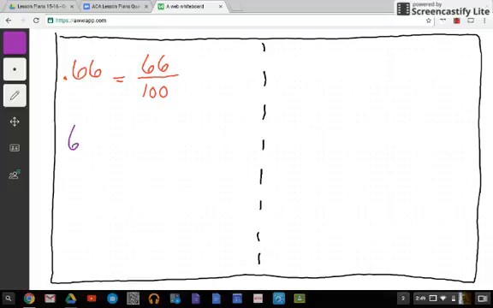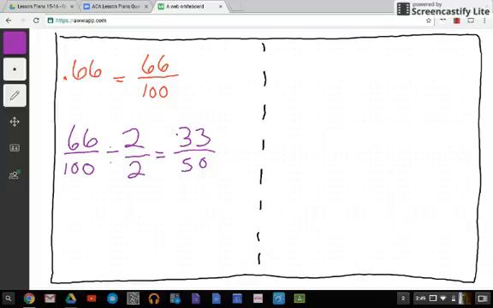So 66 hundredths, I know, can be simplified because you've got an even number as a numerator and an even number as a denominator. That's a dead giveaway every single time. So I know they can both be divided by 2. So if I do that, I get 33 over 50.